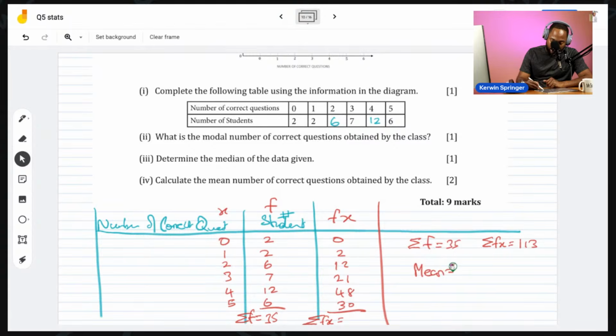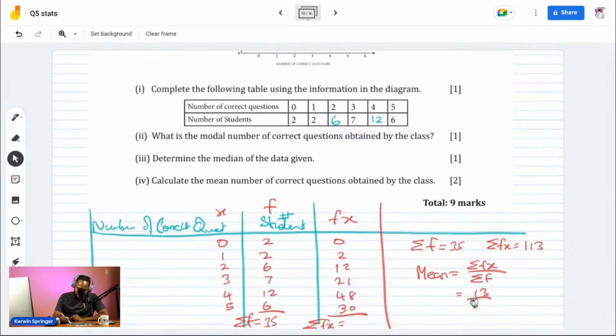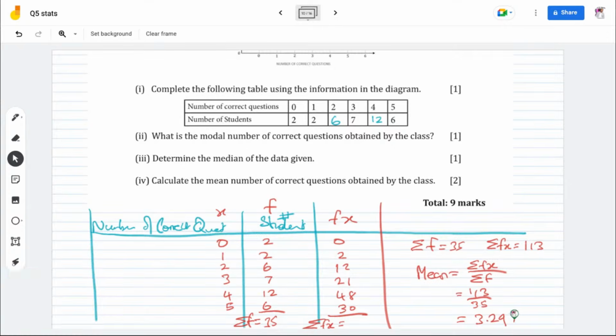So the mean is the sum of fx, not the sum of f of x. F of x is a function. Fx just means the frequency by the individual scores, divided by the sum of f. 113 divided by 35 is 3.29. 3.29 questions correct.